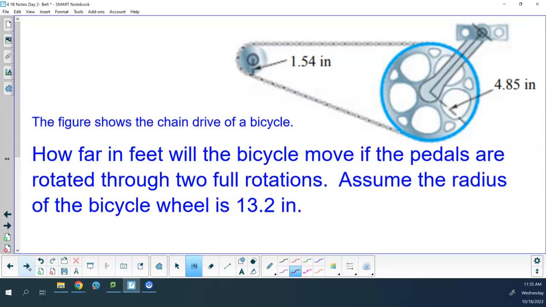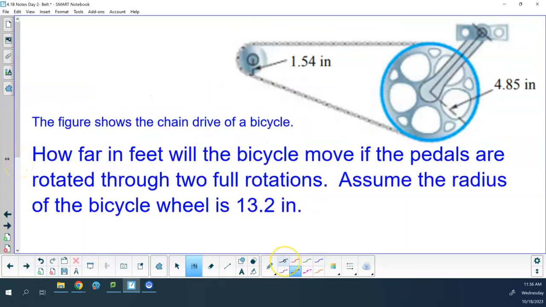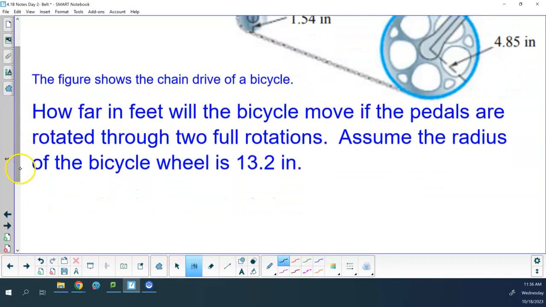Let's talk this one through. Okay. So the pedals are going 2 rotations, right? Okay. So that is where we're starting. I don't know why it's jumping every time I move it.